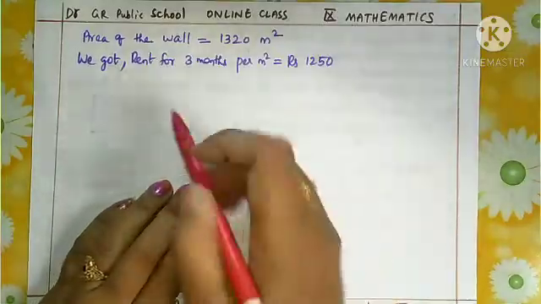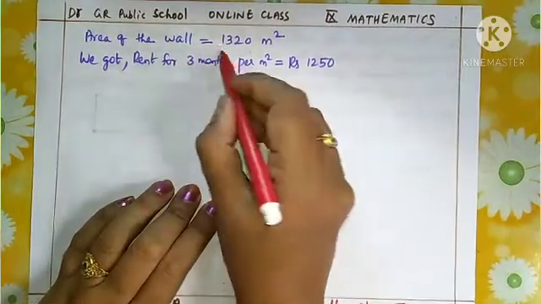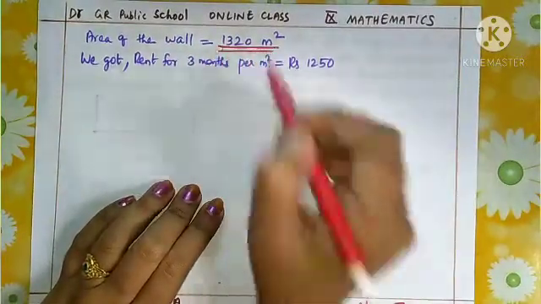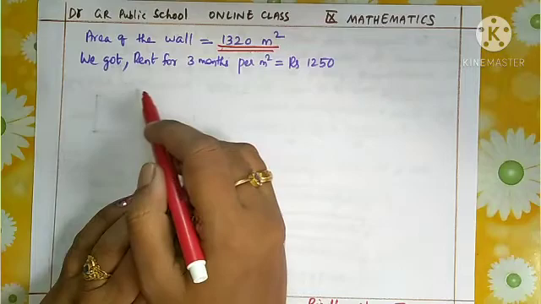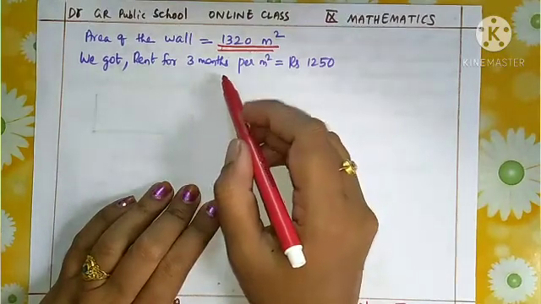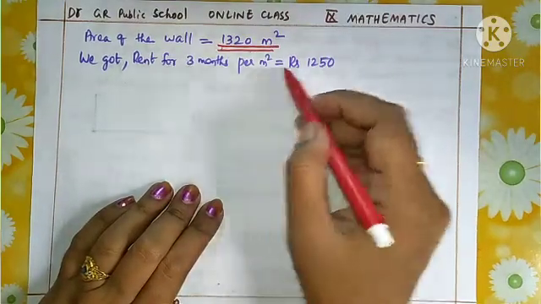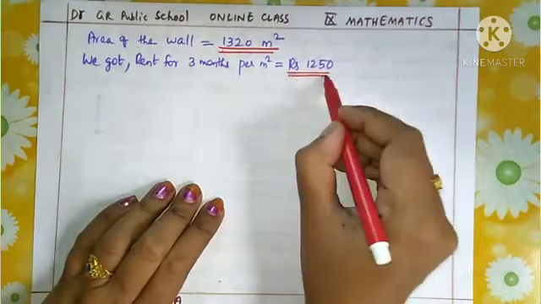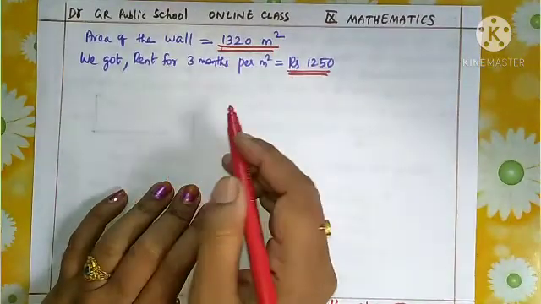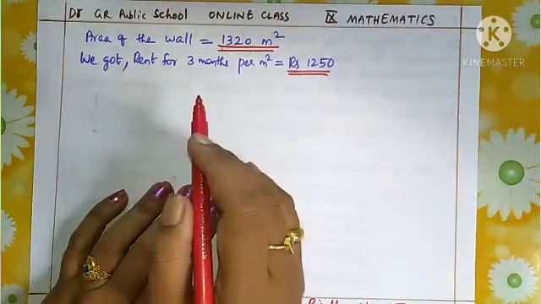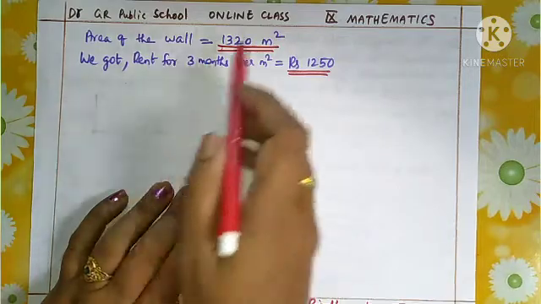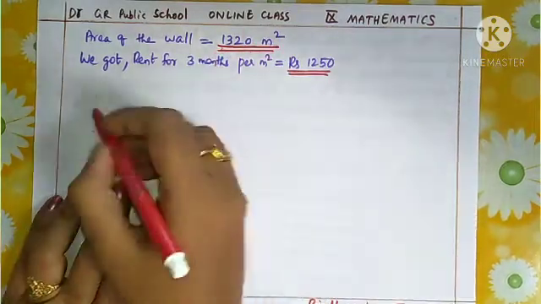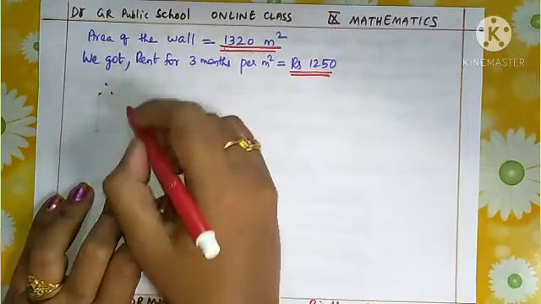So you see, children, area of the wall we already found out 1320 meters square, and now we got rent for 3 months per meter square, that is rupees 1250. Now we are going to find the rent for 3 months for this complete area. Okay, so therefore this is the final step.